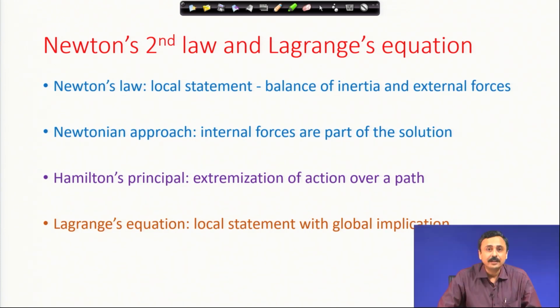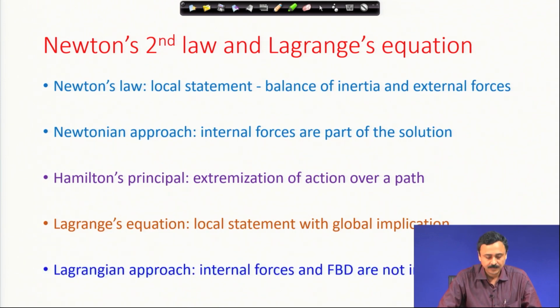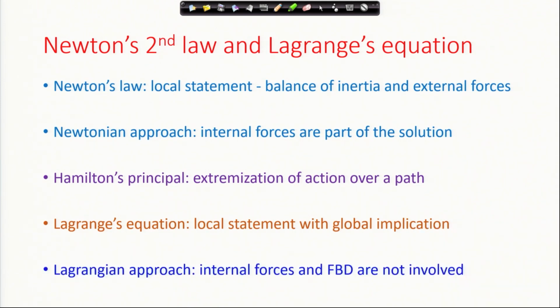But when we study analytical dynamics and analytical mechanics, we look at this variational formulation, and here the local statement is obtained from a global principle, a principle that is applied over the whole path of the particle's travel. Therefore, it is a local statement with global implications, and that is a very interesting thing to know. In the Lagrangian approach, we have not involved internal forces, or not solved for internal forces, we have not involved free body diagrams.